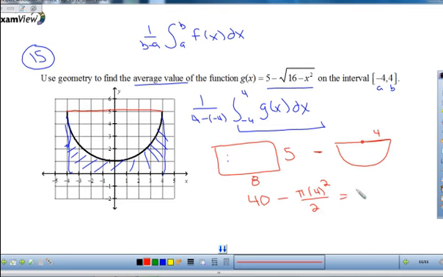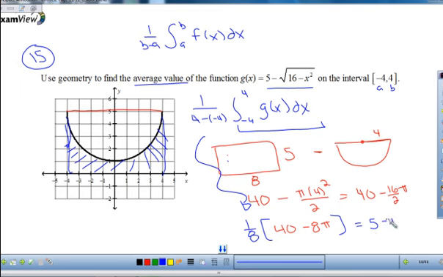So that's going to be 40 minus 16 over 2 pi, or 40 minus 8 pi. Okay. So that is the area under the curve, but don't forget to multiply it by 1 over 8. So I'm going to have 5 minus pi. That would be my average value.